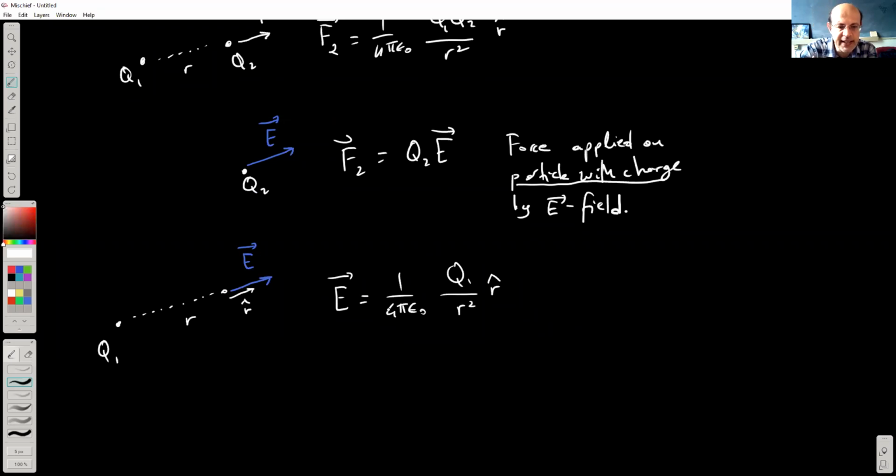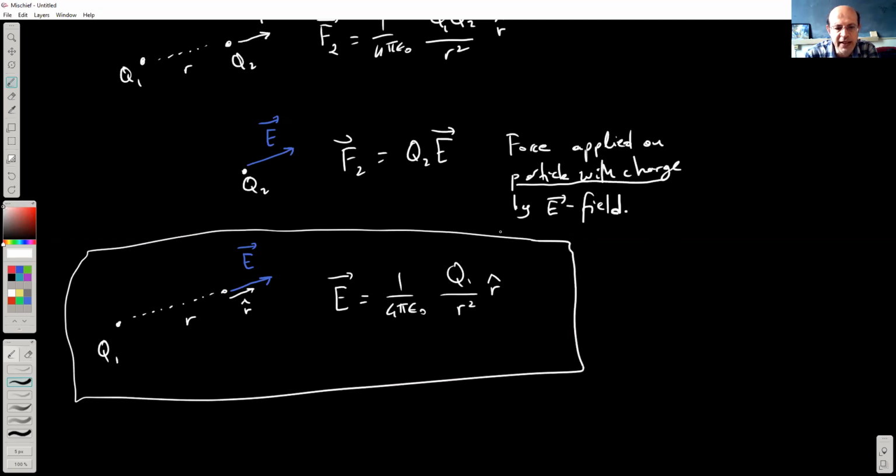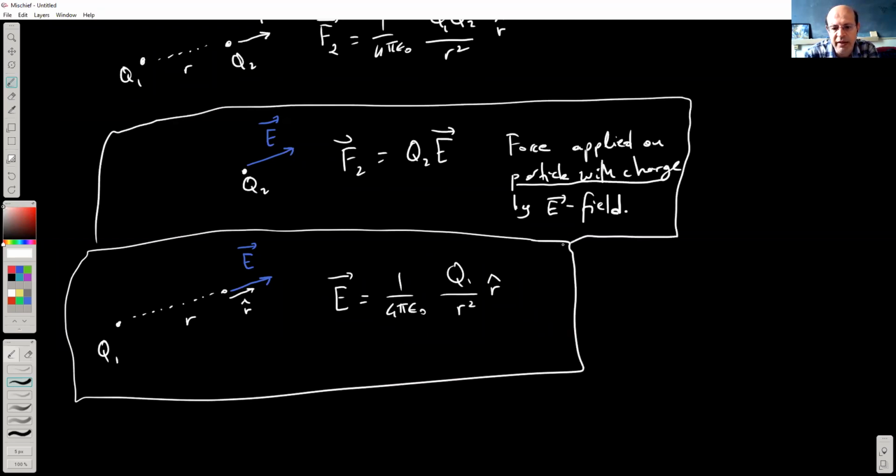So there are these two aspects of the interaction between the field and the charge. Charges produce an electric field, and electric fields apply a force on particles. And charge is basically the coupling constant of how strong that interaction is.